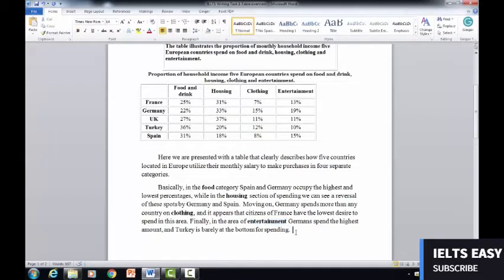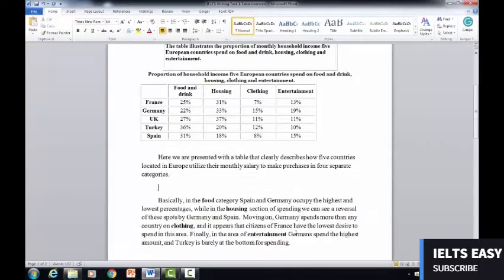Right, and there are multiple ways we could do this. Because we see that Germany is the most in three different categories, we could have done it that way. Another way of writing this overview paragraph.